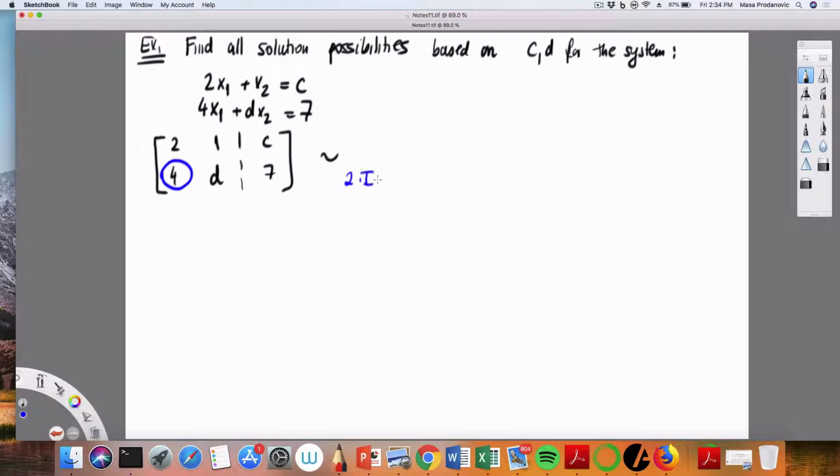Row 2 minus 2 times row 1, that works. So 2, 1, C remains the same. And then I have 4 minus 2 times 2 is 0. D minus 2 times 1 is D minus 2. And 7 minus 2 times C.